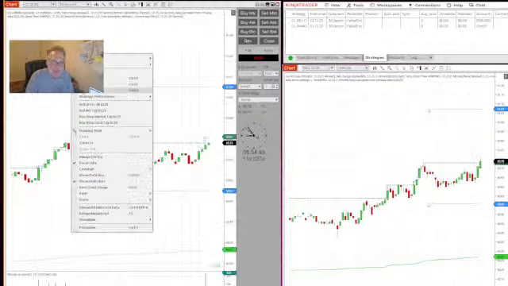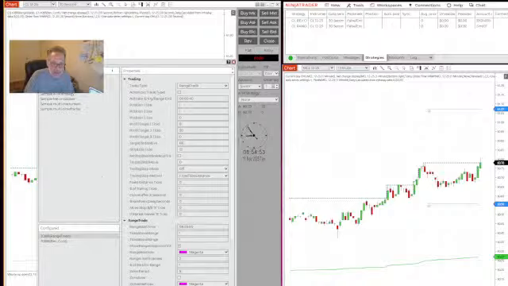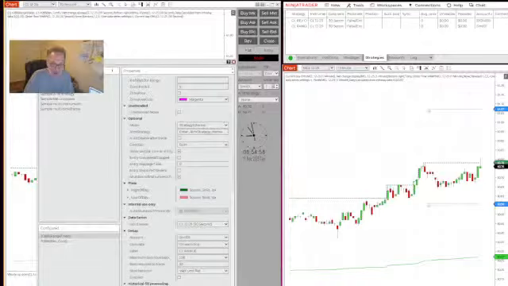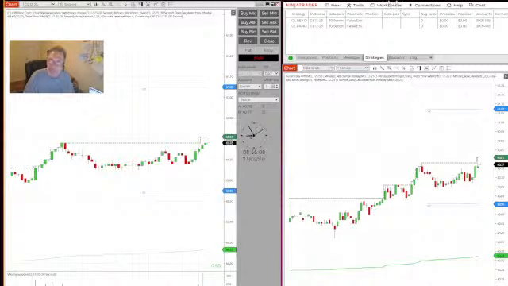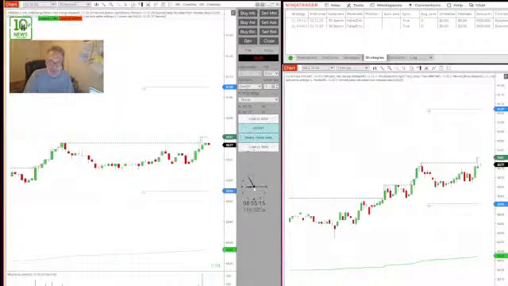Right click the chart, click on strategy, highlight the range trade. Let's slide down to the account and put it on account number, whatever you're trading it on. And it's labeled CL range. Apply it and okay it. Now turn on both your strategies and make sure your chart trader is on the account you're trading on.